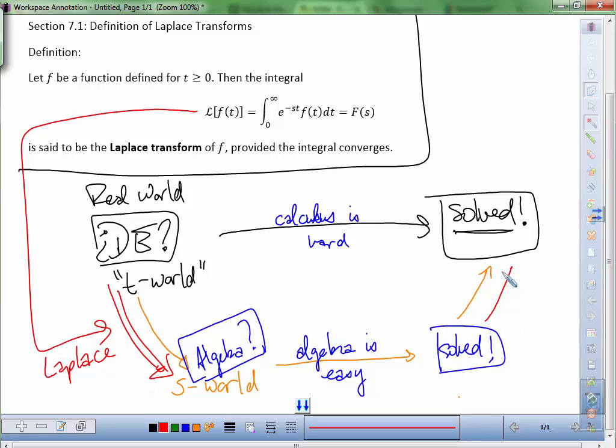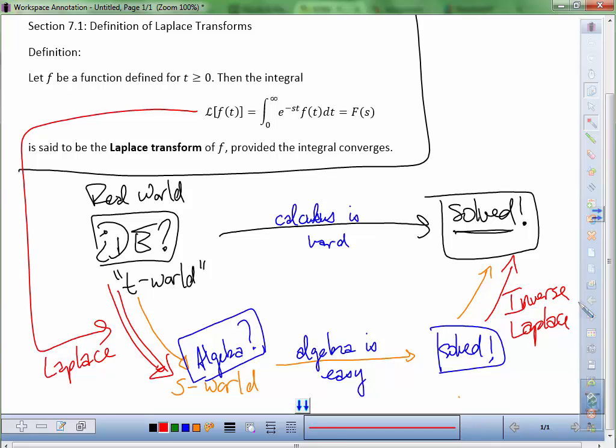And then we're going to need to go back, and so we're going to need to find another process to go back, and we'll call that inverse Laplace. So that's the big picture.